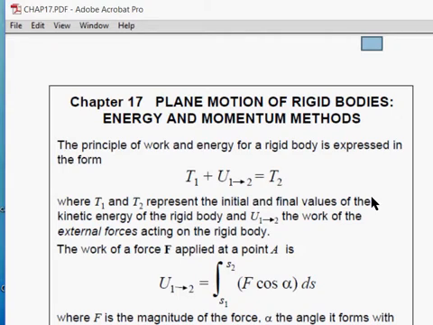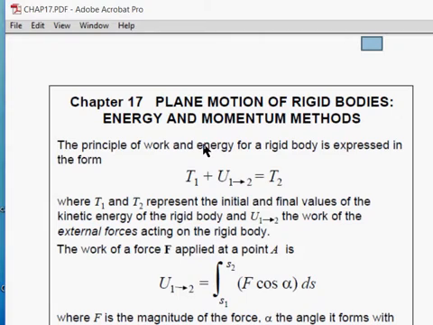So if a vehicle goes uphill, it follows this principle that the kinetic energy at the final position has to be the initial kinetic energy plus the work done by the external forces.